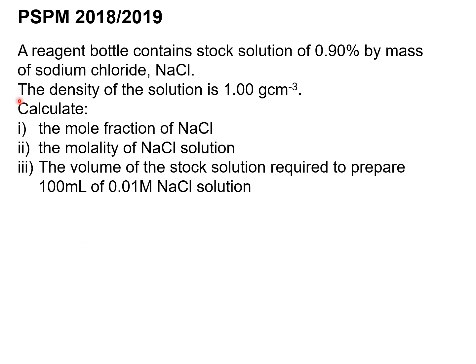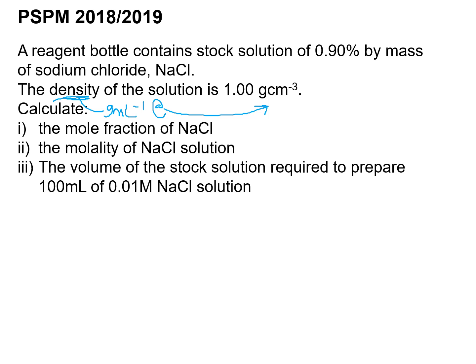Given the density of the solution is 1 gram per centimeter cubic. Okay, kalau you nampak per centimeter cubic, you know that centimeter cubic ni adalah milliliter. Memang unit untuk density memang gram per milliliter, okay? Ataupun you can use the gram per centimeter cubic.